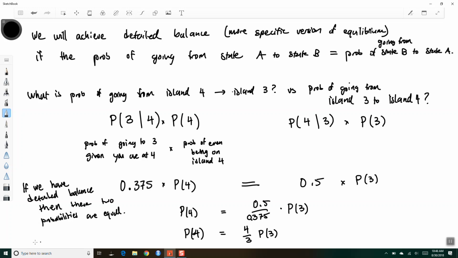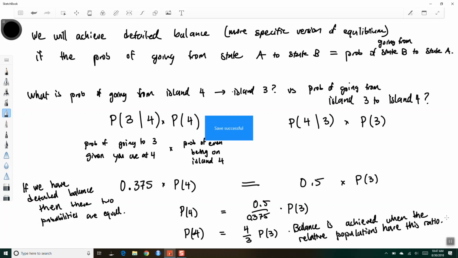Okay, so balance is achieved when the relative populations have this ratio. Okay, so we'll say island 4 needs to be 4/3 the size of island 3.